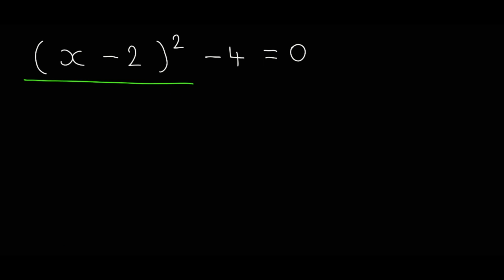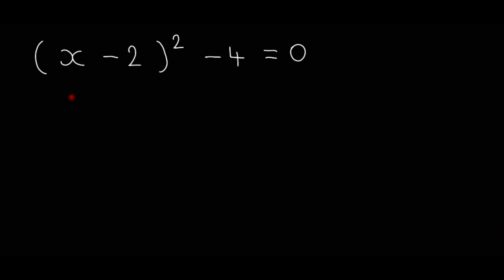And then let's say we have (x - 2) all squared minus 4 equals 0. Still, we cannot equate anything to 0. The first thing we do is expand this bracket.